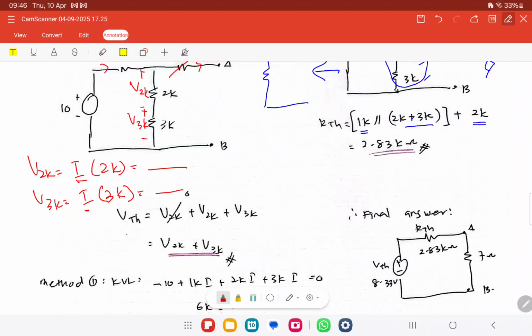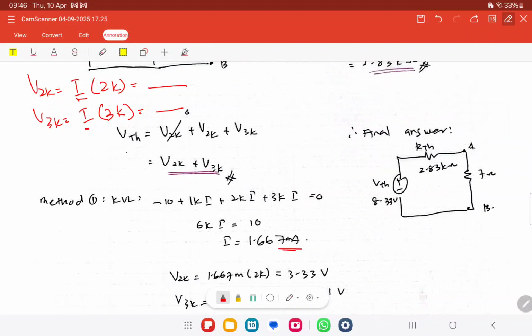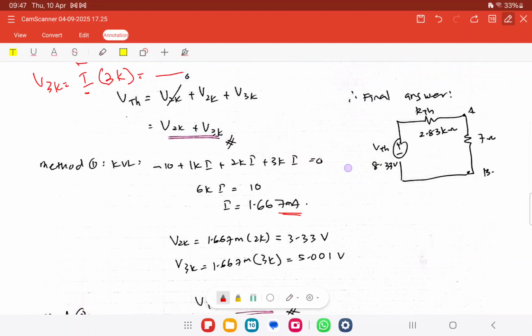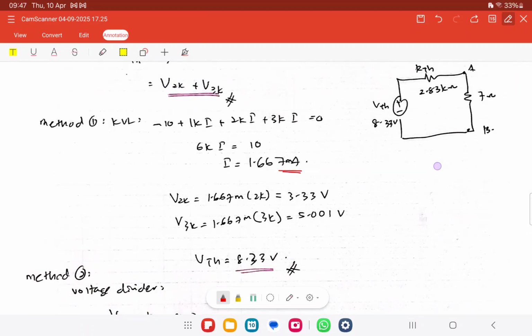Itu kalau guna KVL. Macam Hani dia guna KVL. Ada yang dapat sama value of the I? Zul dapat value berapa? Value of VTH? 8.34. Okay, betul. Zul guna which method?